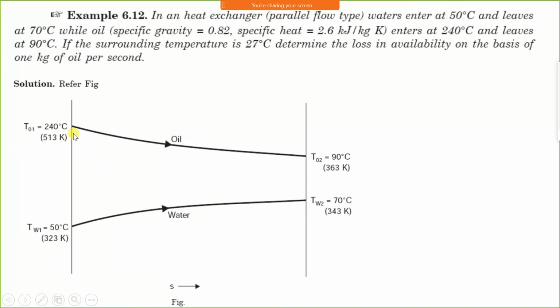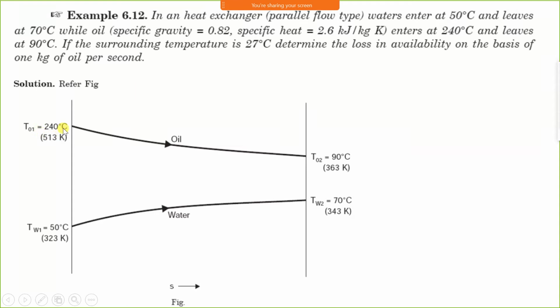This is a heat exchanger. From one end, oil is entering at 240 degrees Celsius. From this same end, water is entering at 50 degrees Celsius, but from a different pipe. This is one pipe, this is the second pipe. Both are at the same end.